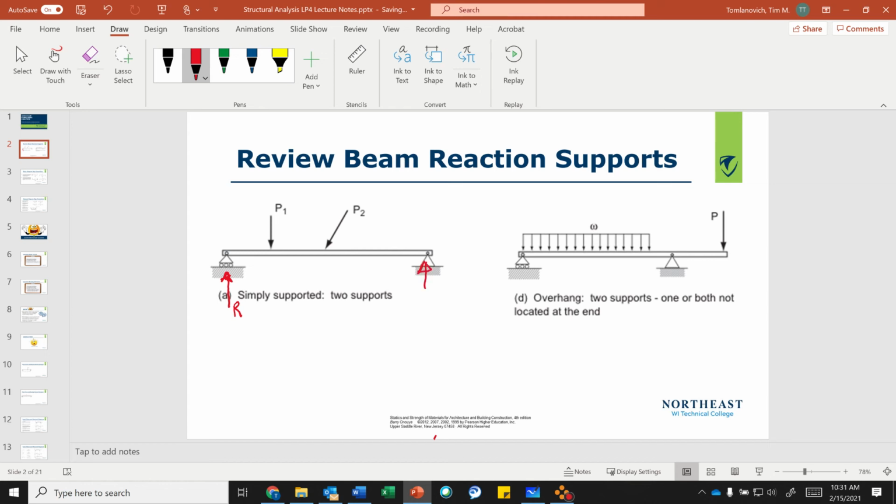So we have a reaction there, and we have this force here. I'm guessing we need a reaction going this way to keep that beam from sliding to the left. So we have the reaction X there, reaction Y there, and Y there. This would be A, this would be B, okay?